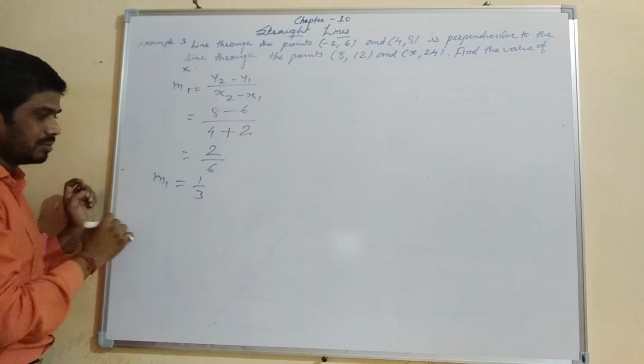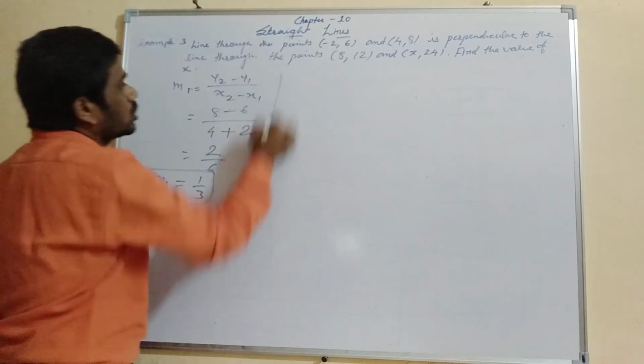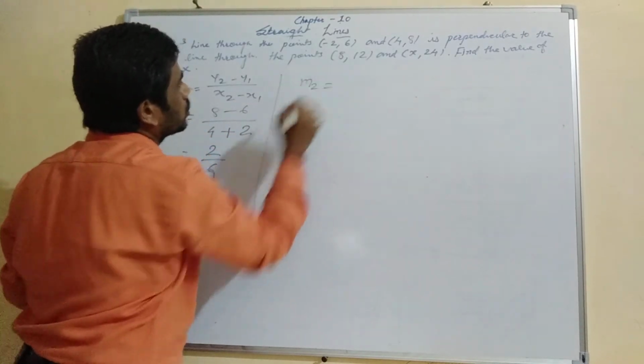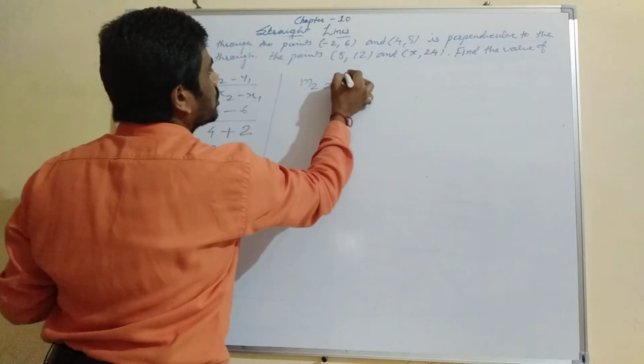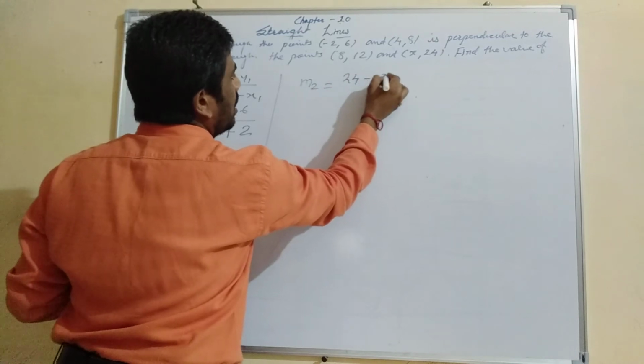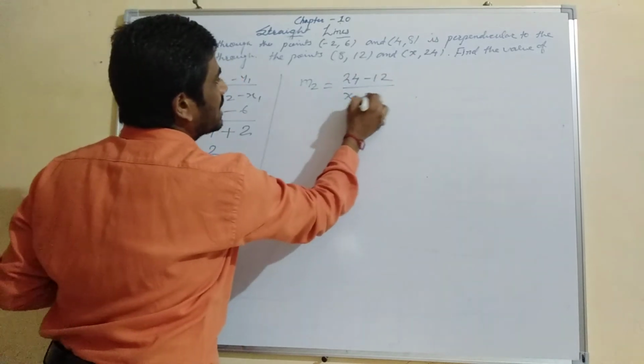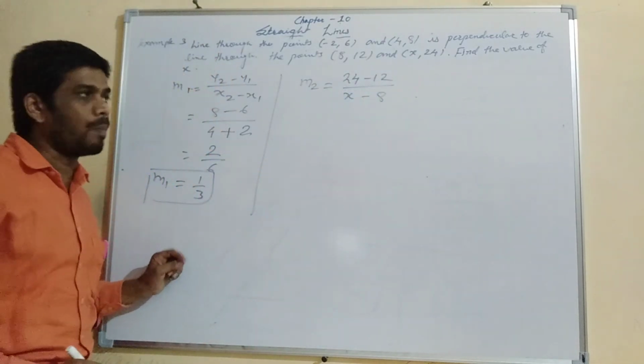This is m1. Now m2 we will also find. m2, the slope of the second line, will be 24 minus 12 upon x minus 8. This will be the slope of the second line.